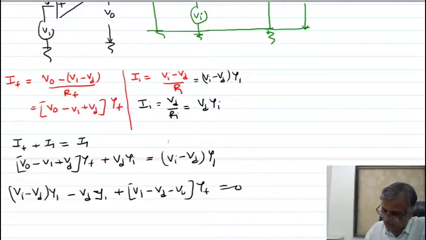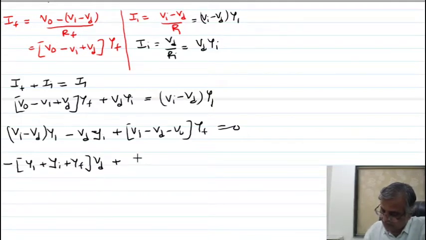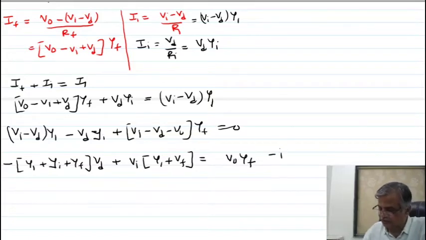I have taken these two terms on this side. By this, minus Y1 plus Yi plus Yf into Vd plus Vi into Y1 plus Yf is equal to Vo into Yf. You can check. This is equation 1.